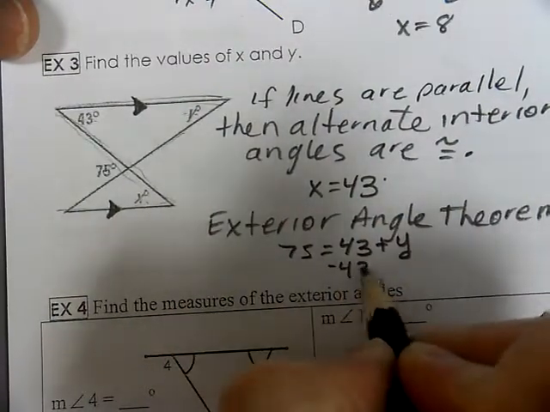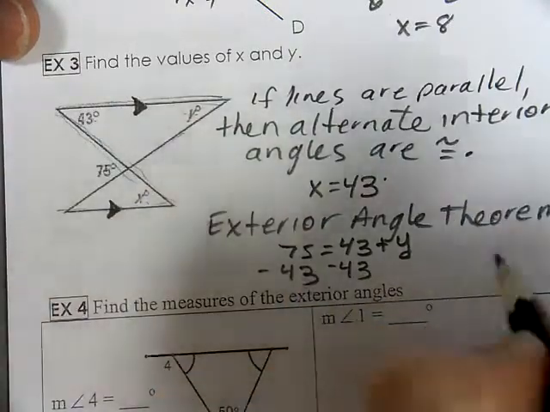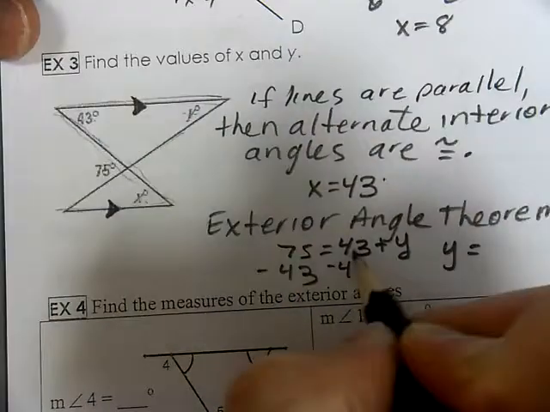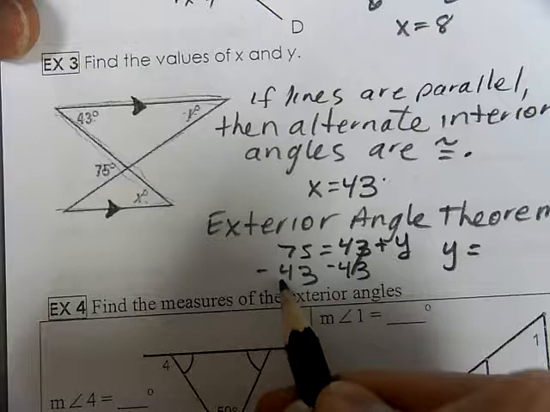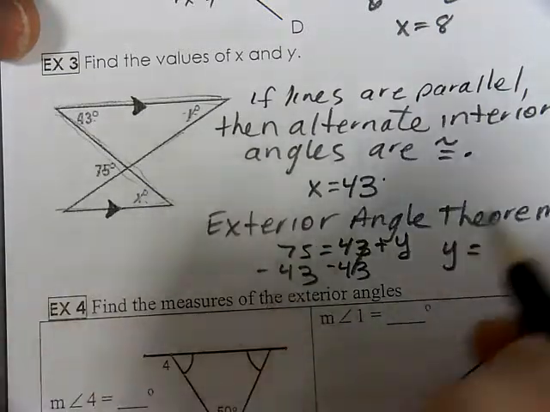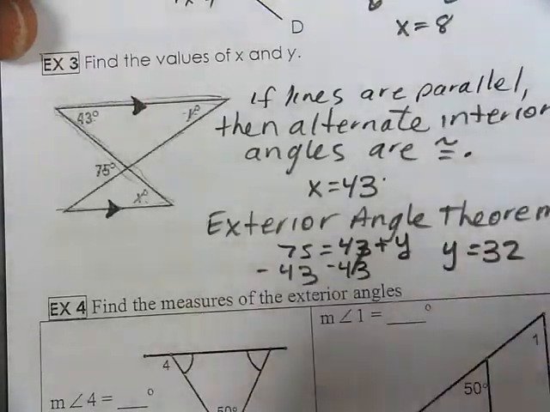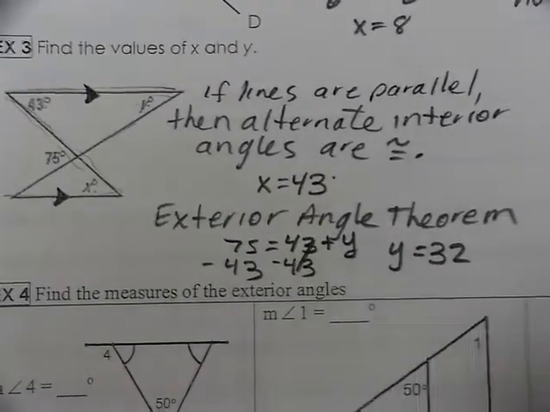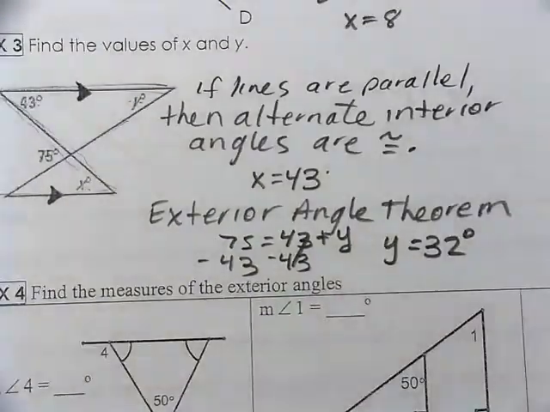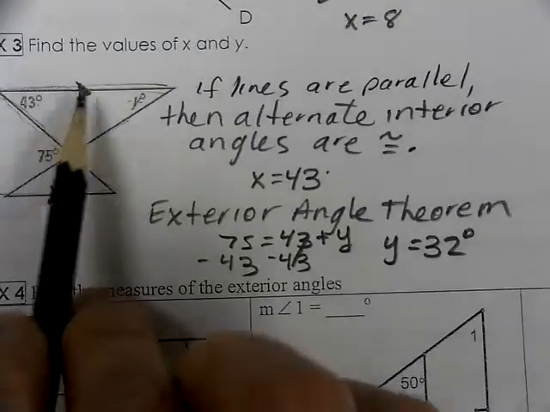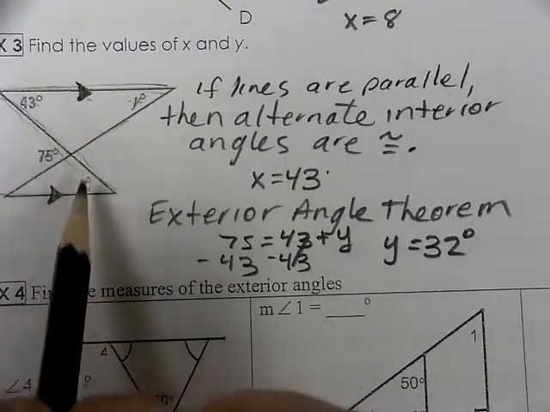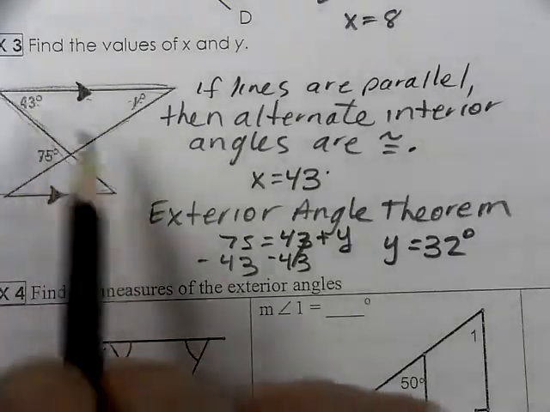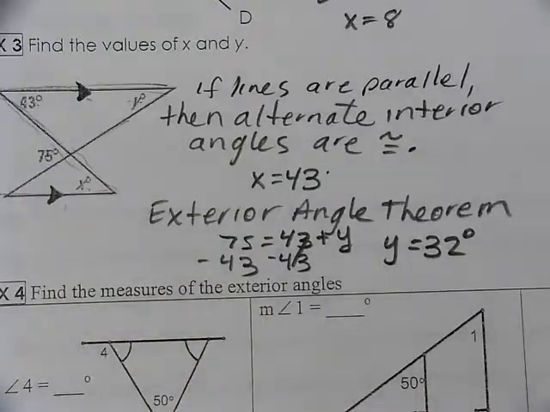So we subtract the 43 over, and we figure out that y is going to equal 32. Sorry, 32. That's 32 degrees. So whenever you see parallel lines, you're looking for one of those types of angles. And then from there, you can keep working.